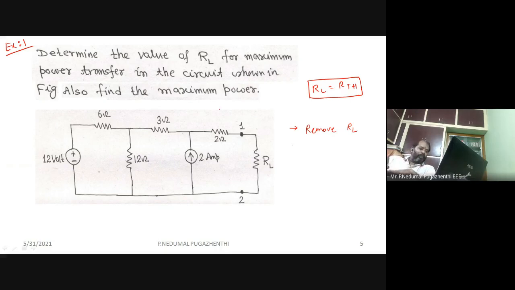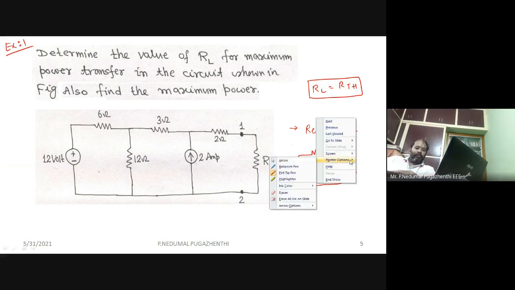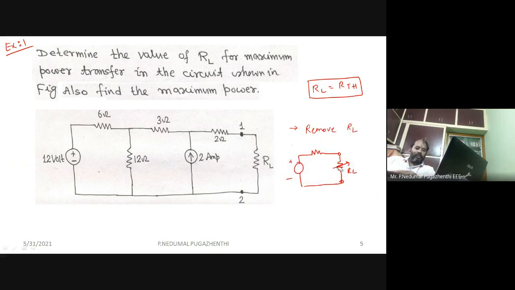For that, what do I have to do? I have to convert this network into an equivalent Thevenin network with your RL connected across it, and then you can find your maximum power. I should not say RL is a variable here, because that condition is not required here.